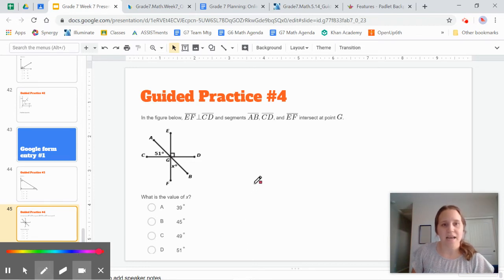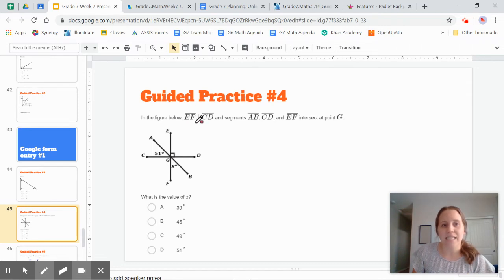All right, so let's start by reading. In the figure below, this says line segment EF is perpendicular to line segment CD. So EF is perpendicular to CD. All that's telling me is that these two lines make a 90-degree angle.